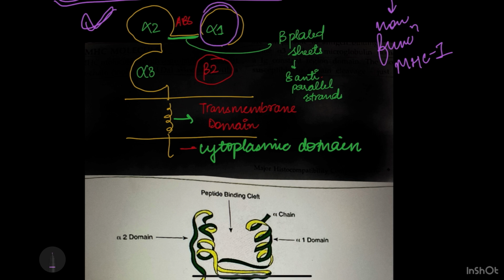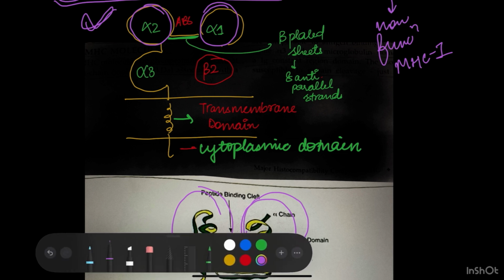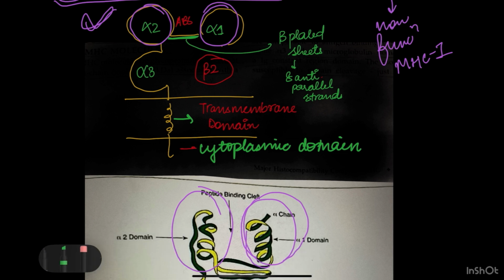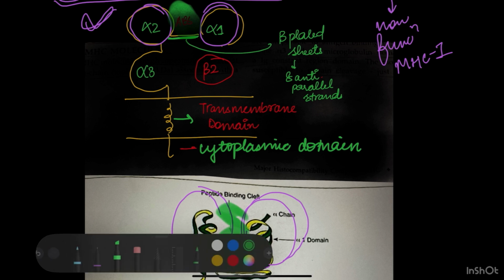I have again repeated this structure, so hence it becomes comparable. This is the alpha 1 domain, right? This is the alpha 2. They form this antigen binding site, and here it forms this antigen binding cleft, right?